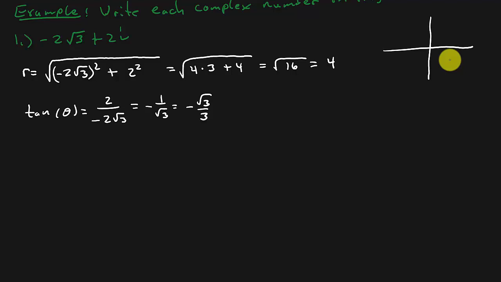Well, you have to graph these things, okay? This complex number here, this -2 square root of 3 plus 2i, you've got to graph it, all right? And luckily we know how to graph it because that's the first example we worked. So let's do that. If I plot -2 square root of 3 plus 2i, a is negative, so that means I move to the left. b is positive, so that means I go up 2.